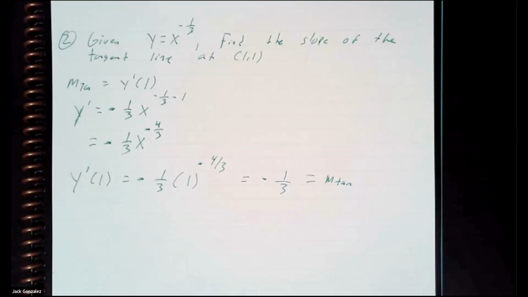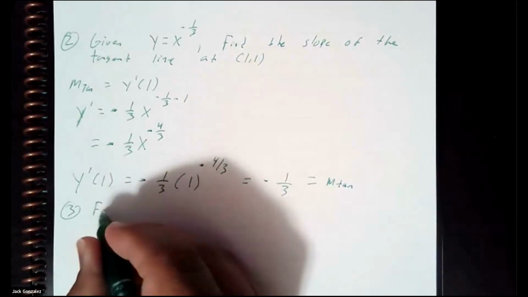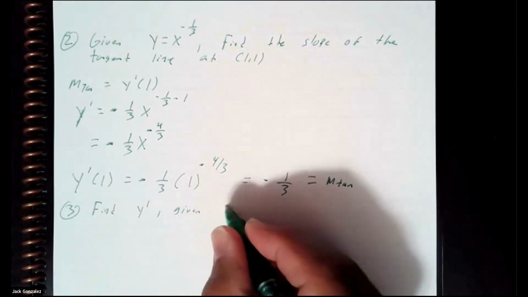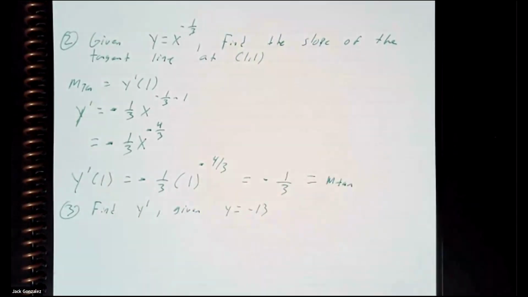Okay. Number 3. Find y prime given y equal to negative 13. What is the derivative of y equal to negative 13?